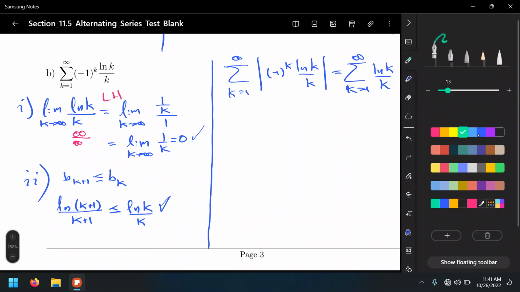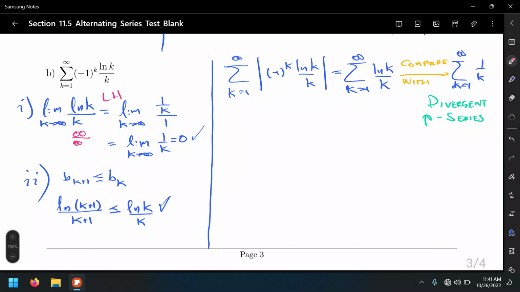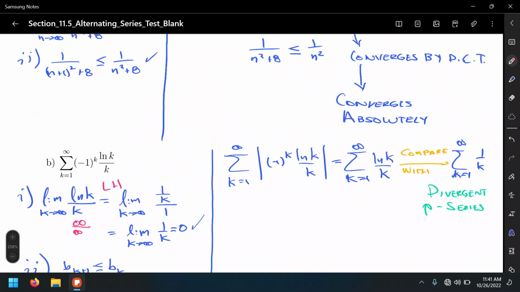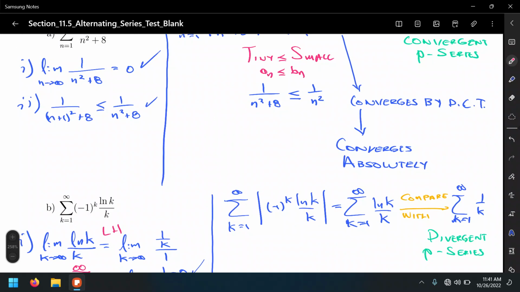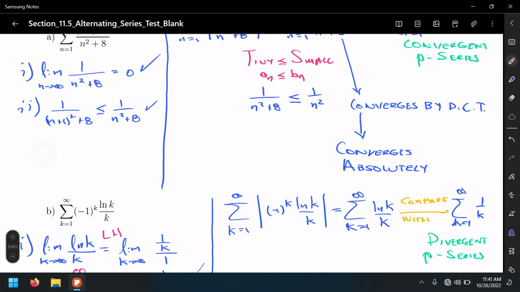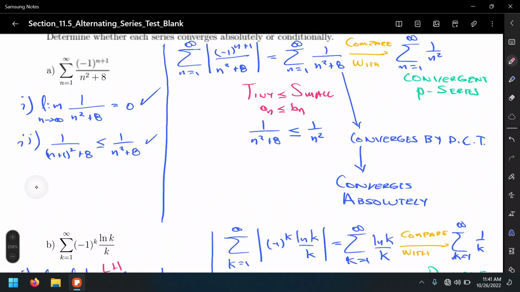Okay? So, as opposed to the previous exercise for which we also used the direct comparison, for the previous example, we had to show that tiny is less than small, but that's because we're comparing with a convergent series.